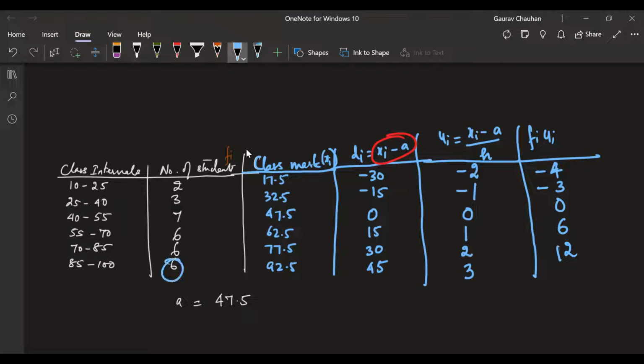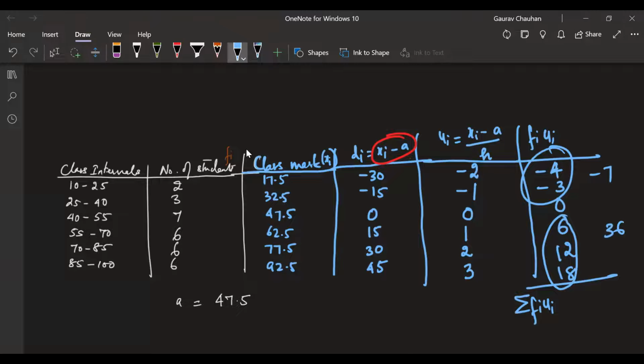Then 6 into 3, that is 18. That is my fi ui. So my sigma fi ui is, I'm going to add all this. This becomes -7, and 12 plus 18 is 30, 36. 36 minus 7 is 29. So I'm going to write 29 here.